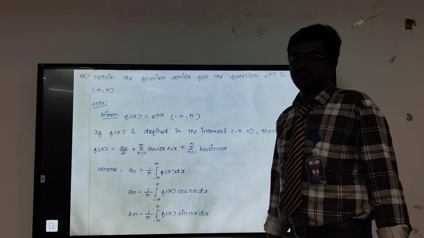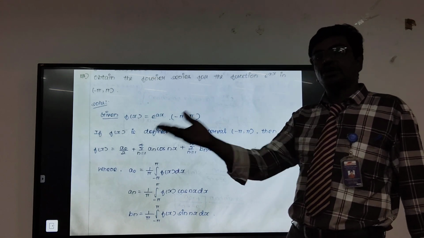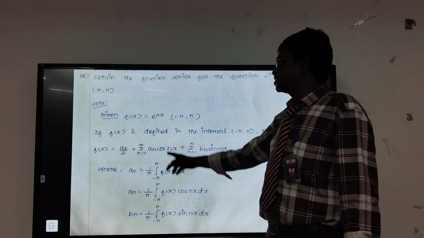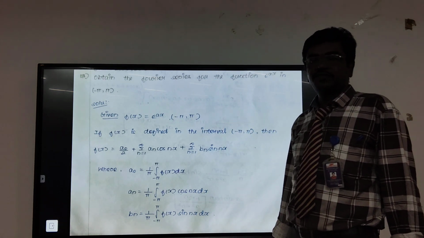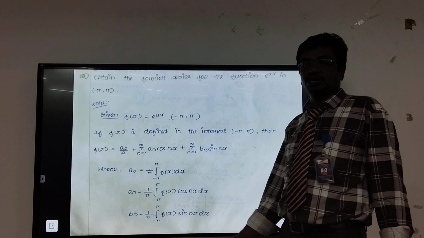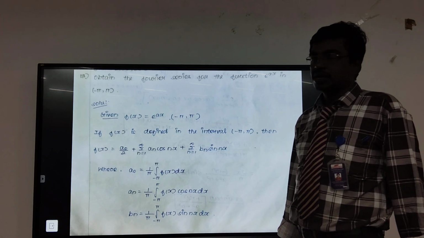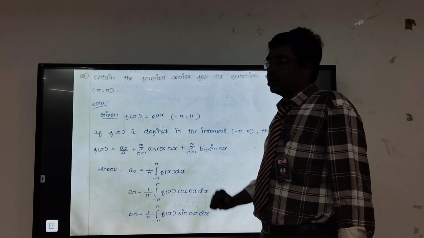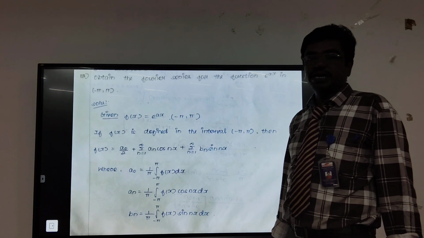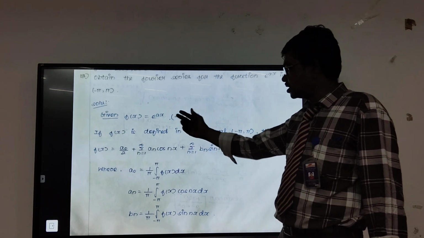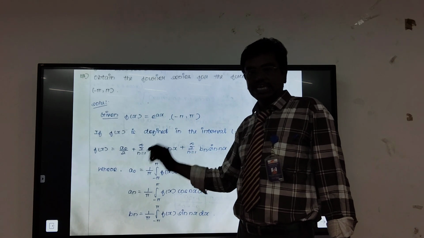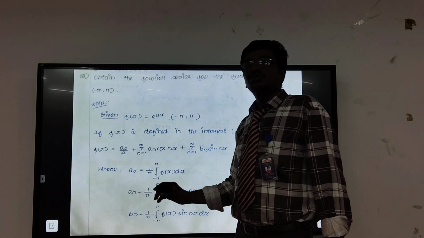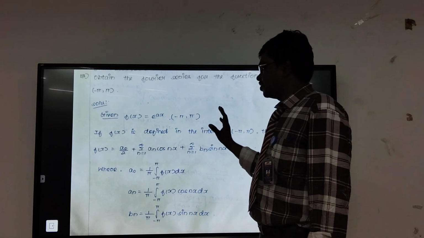This function is neither even nor odd, because it does not satisfy f of minus x equal to f of x, the even function definition, and it also does not satisfy f of minus x equal to minus f of x, the odd function definition. So it is neither even nor odd, so we can use only the general formula.